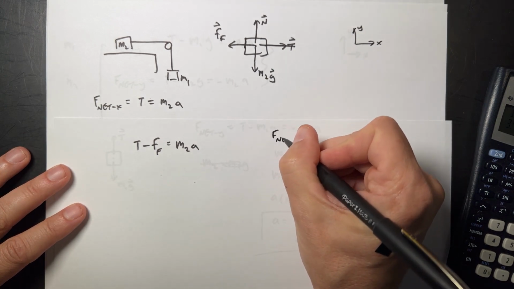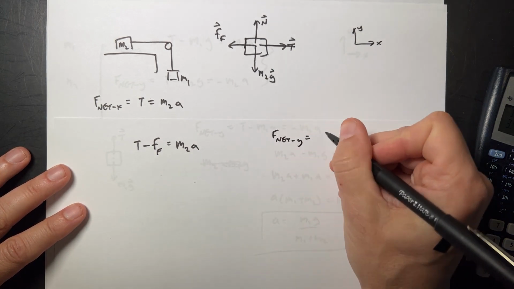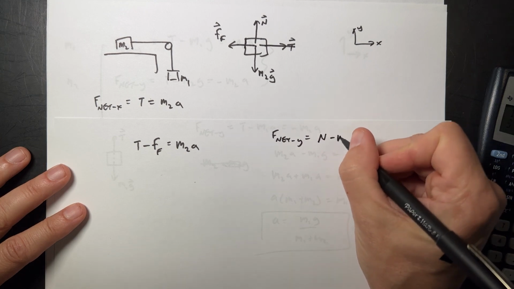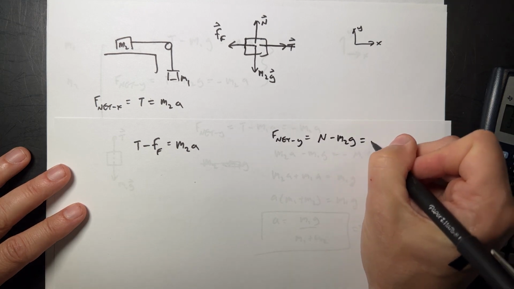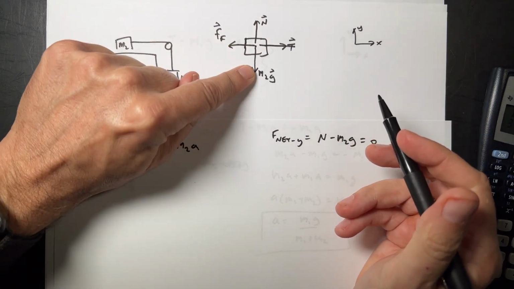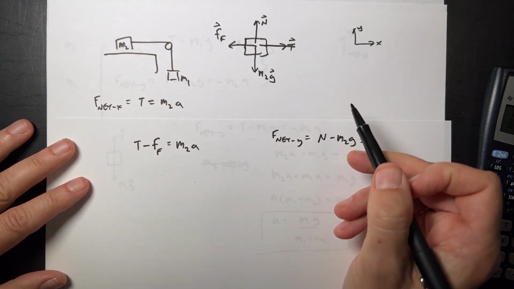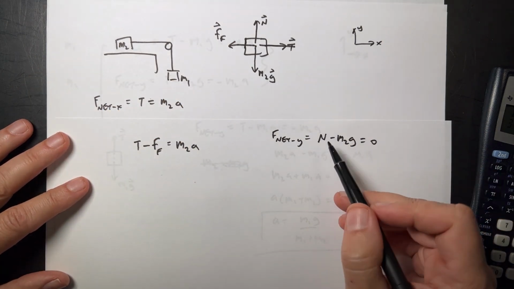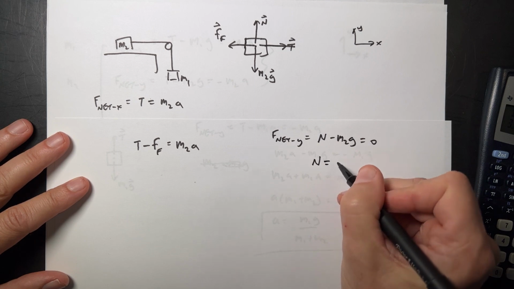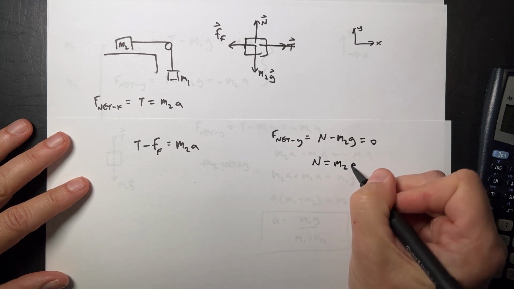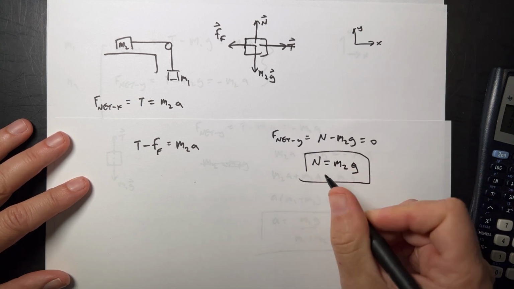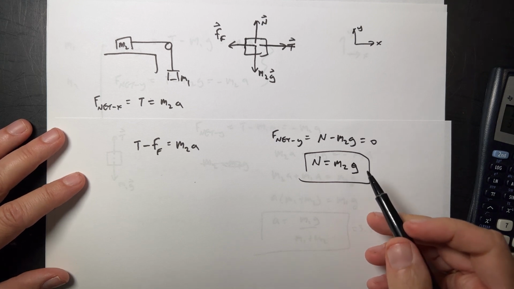So F net y is going to be equal to N minus m2g equals 0. This one does not accelerate in the y direction, so it has an acceleration of 0. So that means I can solve for N as equal to m2g. Be very careful. A lot of people just say, oh, the normal force is the weight.